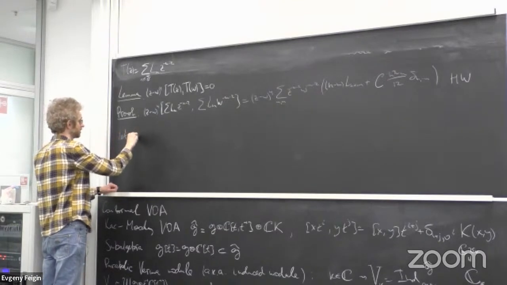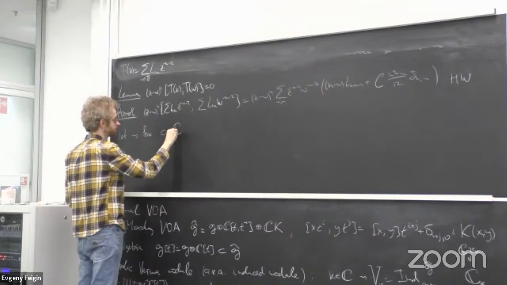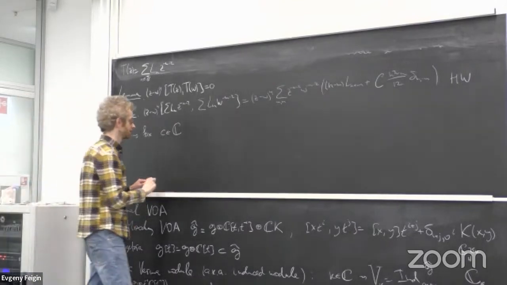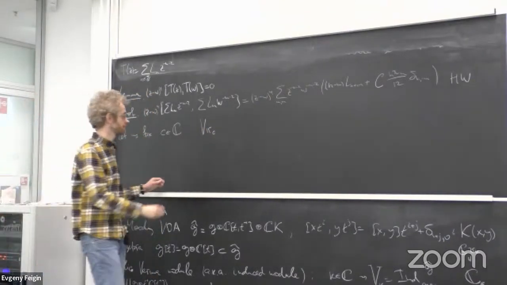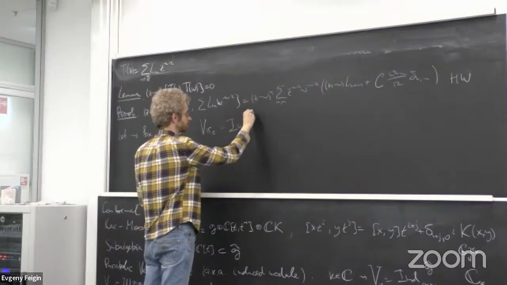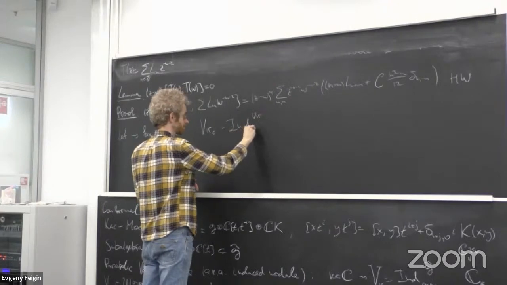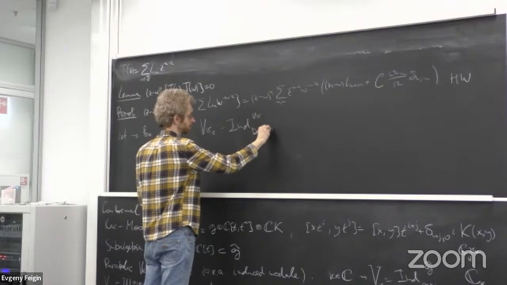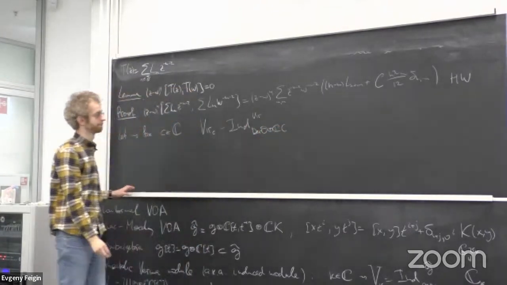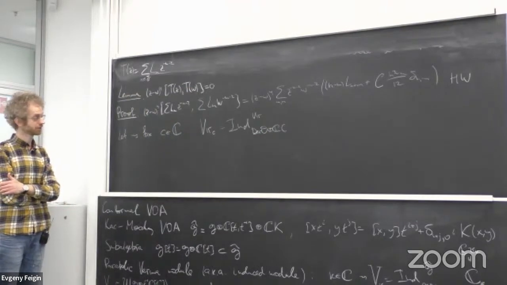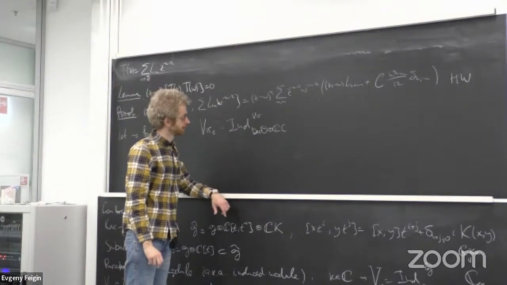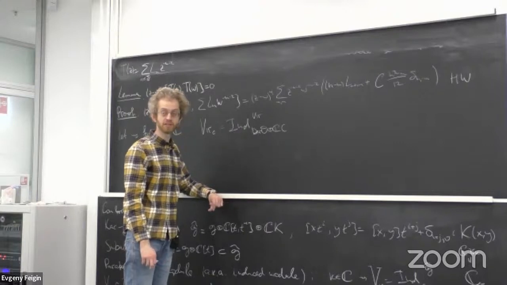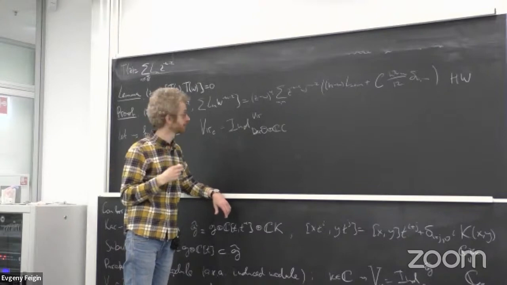Let us fix a complex number c from C, and consider the module for the Virasoro algebra defined as the induced module from the subalgebra, which starts with L_(-1), and then goes with L_0, L_1, and so on.